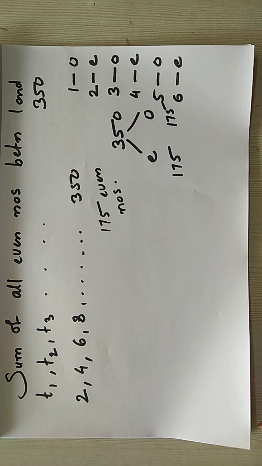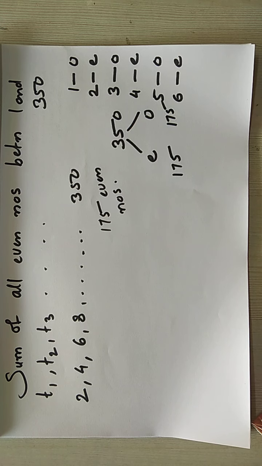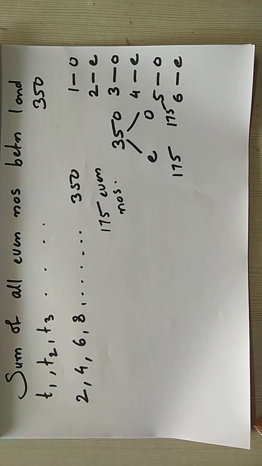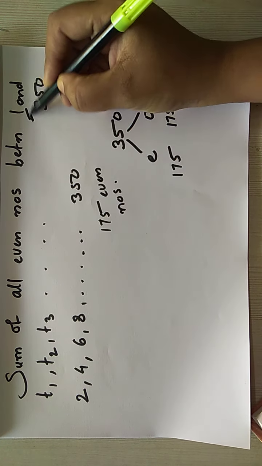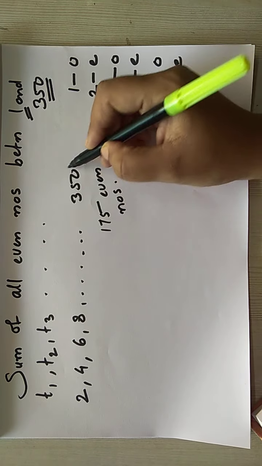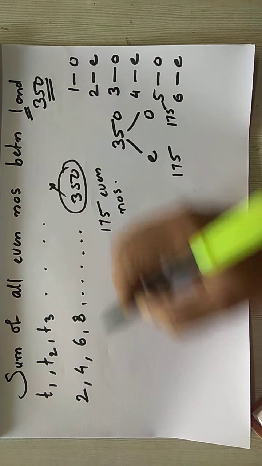Okay. Now the sum says find the sum of all even numbers between 1 and 350. Now here there is a small difficulty. The question says between 1 and 350. Between means the numbers in between should be taken, not the extreme numbers.